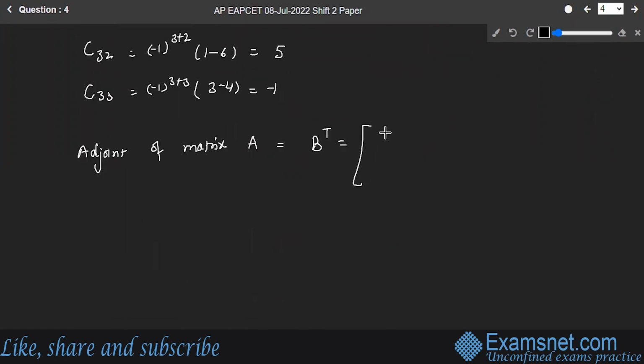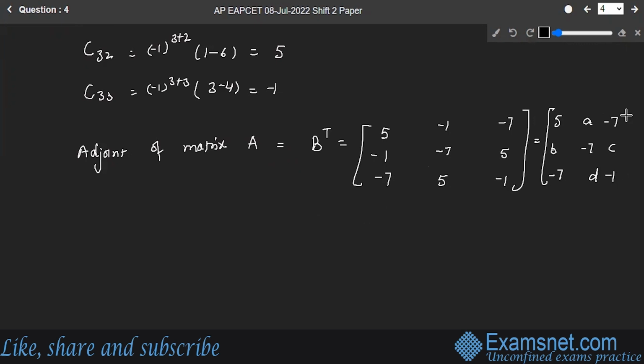Transpose of the matrix B will be written by 5, minus 1, minus 7, minus 1, minus 7, minus 5, minus 7, 5, and minus 1. In the question, this is given equal to 5, A minus 7, B minus 7, C minus 7, D minus 1.